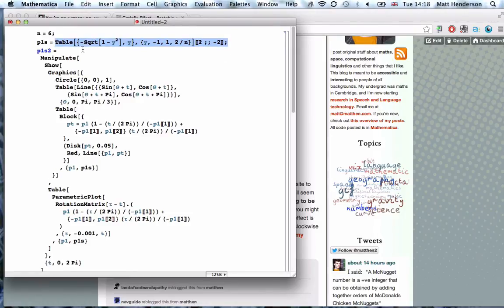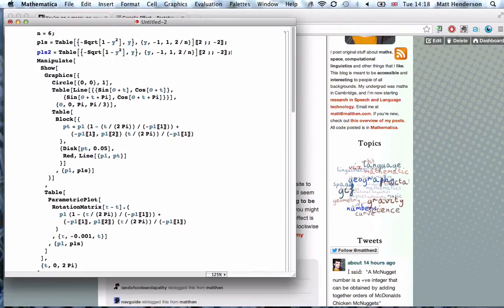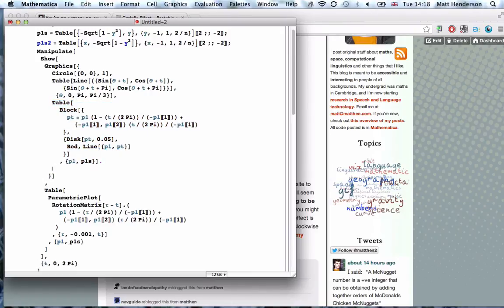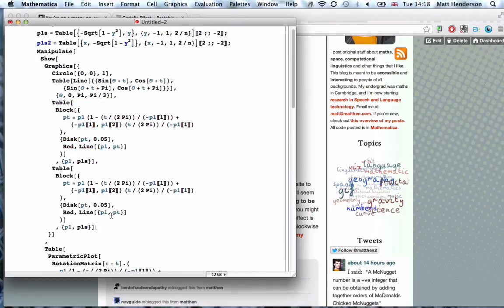I want to vary the x in the same way. I'll have the x changing and the y, so those are at the bottom. Okay.